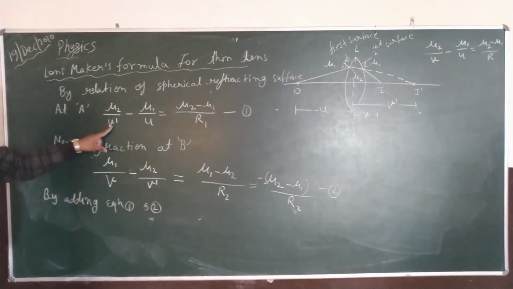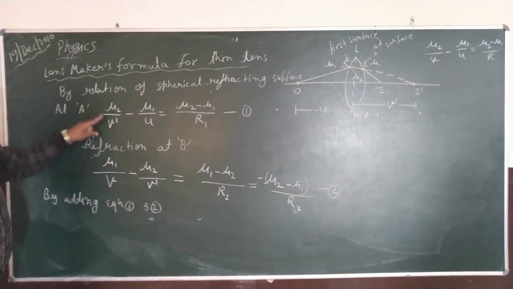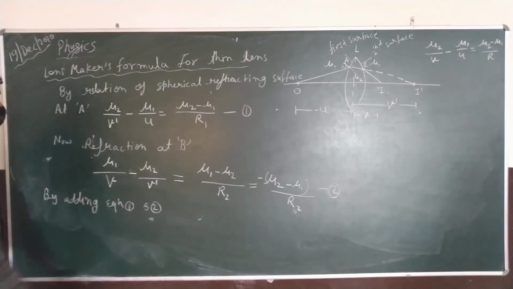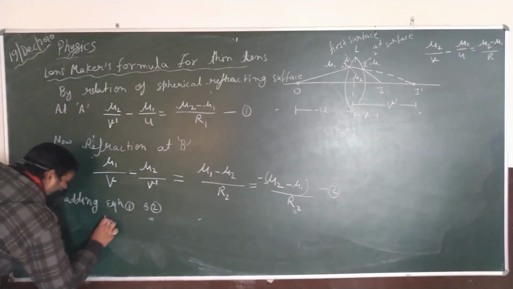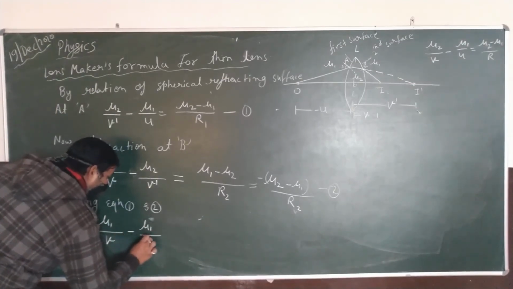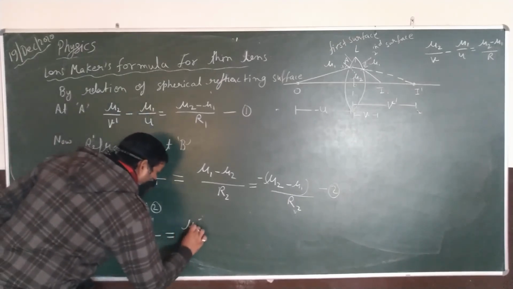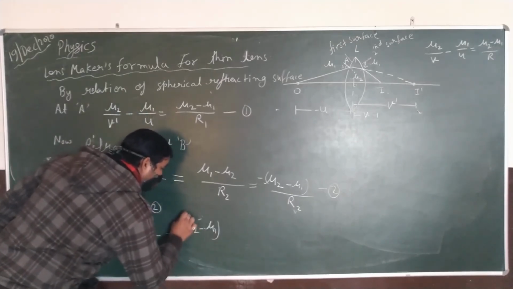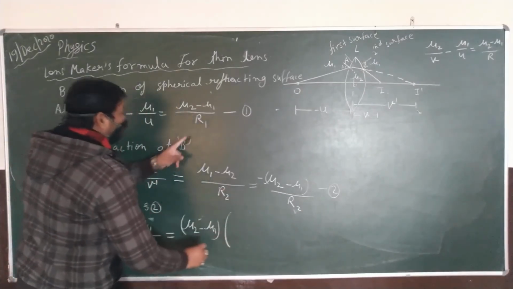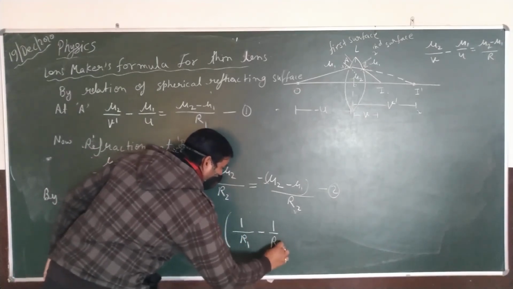Plus mu2 upon v dash and minus mu2 upon v dash cancel, and we get mu1 upon v minus mu1 upon u is equal to mu2 minus mu1 common, and we get 1 upon R1 minus 1 upon R2.